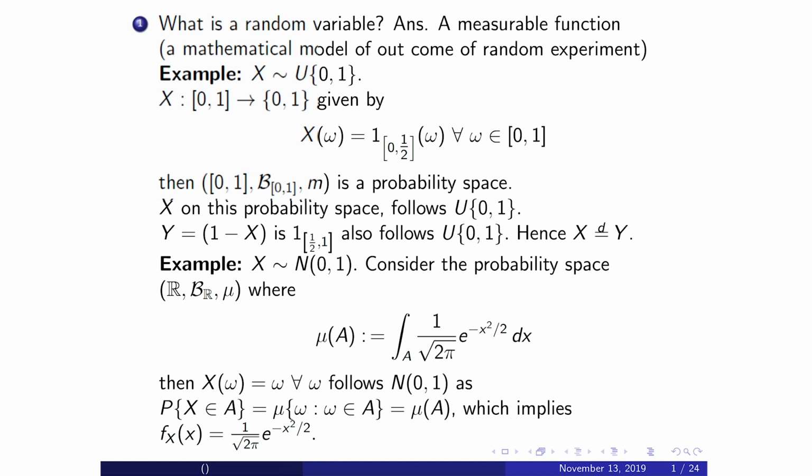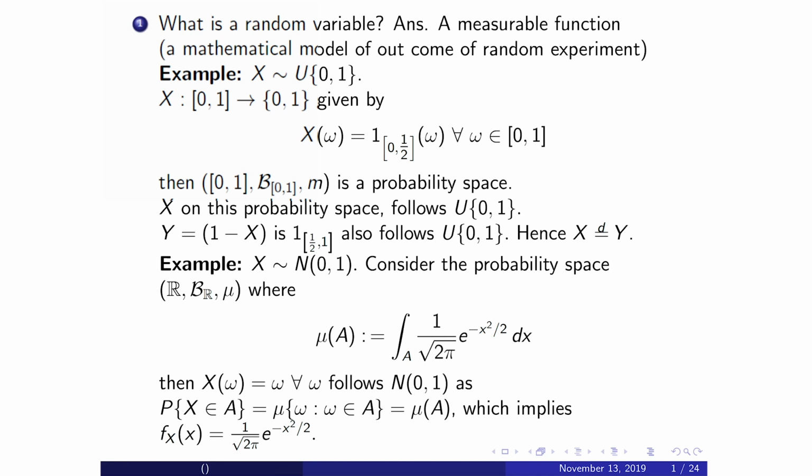We consider the probability space: the set of real numbers R, the Borel sigma algebra on R, and mu, a measure which is defined the following way. Mu of set A, where A is a Borel set, is defined as the integration over the set A of this integrand. This integrand is 1 over square root of 2 pi, e to the minus x squared by 2, dx. Now, if we consider this measure space, we can ask, is it a probability space?